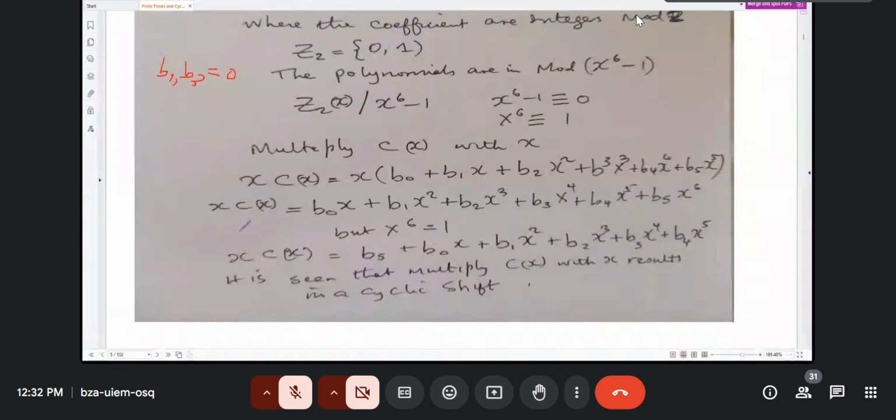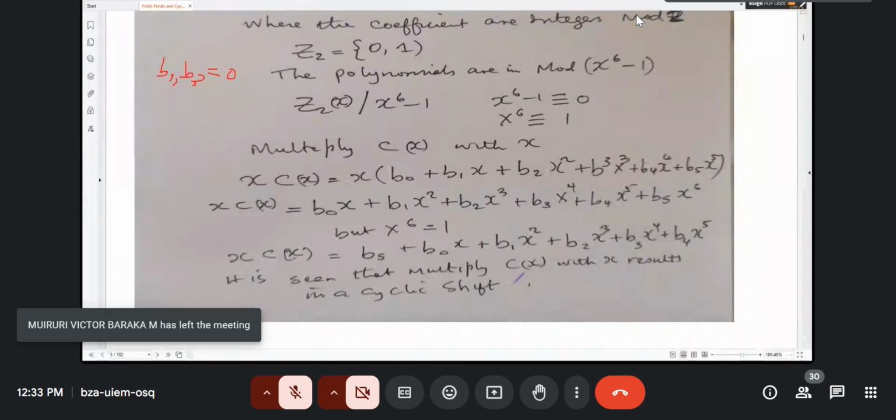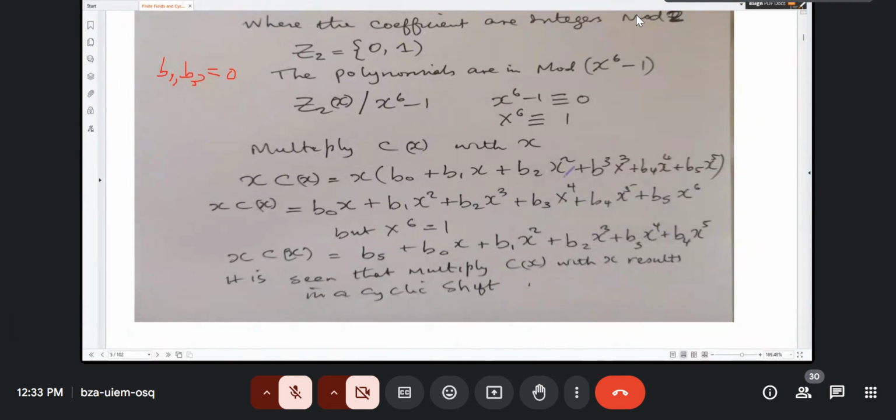Every time you multiply, you get a cyclic shift. That's why it is very easy to achieve, because all you have to do is keep multiplying c(x) with x. It's very easy to implement. Just multiply with x, and it keeps on shifting.